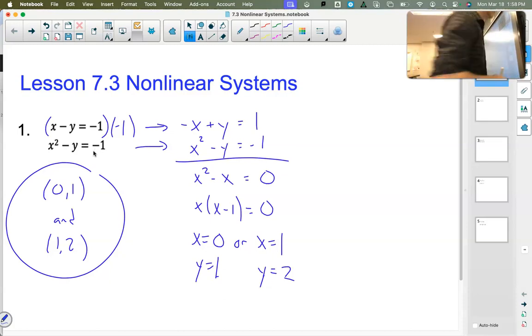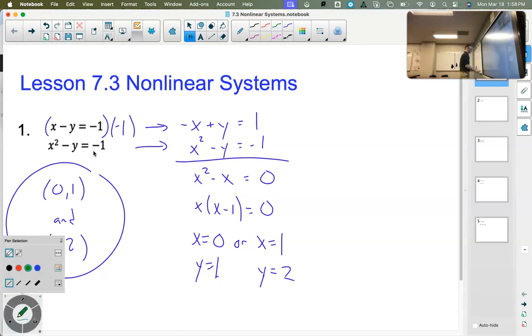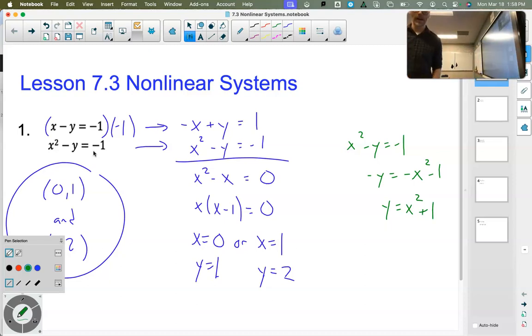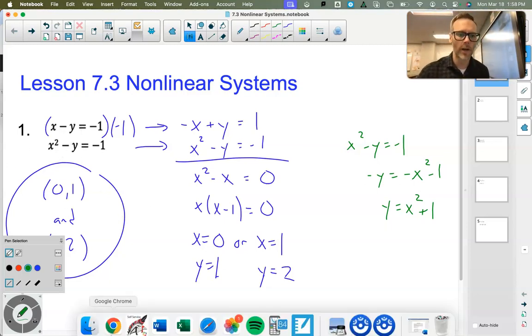If I solve it for y, x squared minus y equals negative 1, I'd have negative y equals negative x squared minus 1. I get y equals x squared plus 1. We definitely recognize that as a parabola. So when we're solving this system, we're looking for the intersection of a line with a parabola.